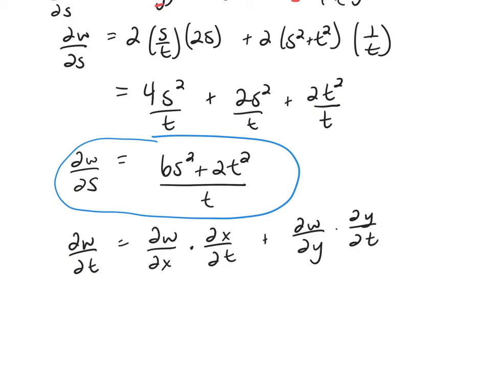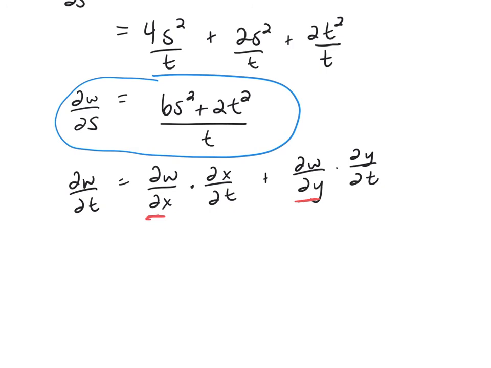And we found these first partial derivatives in the previous part. So the partial derivative of w with respect to t is going to be, so this was 2y, and this part was 2x.